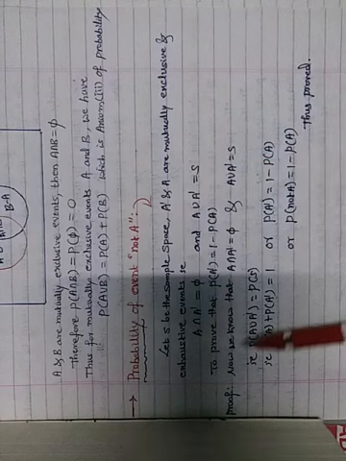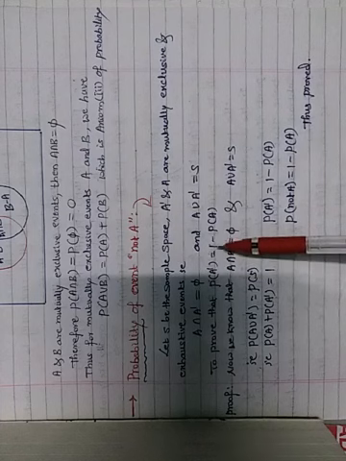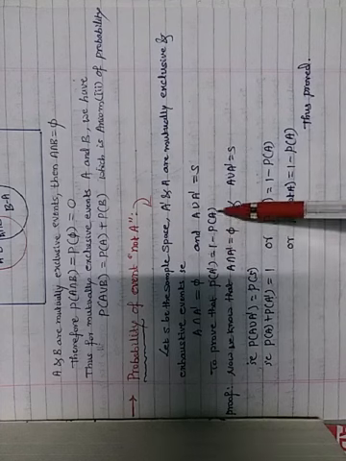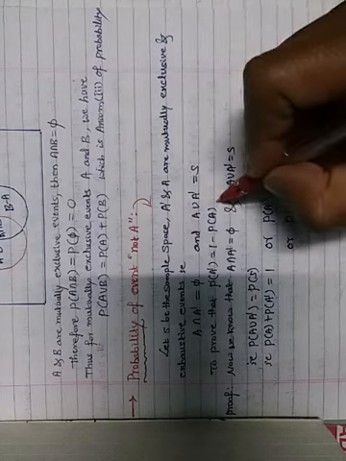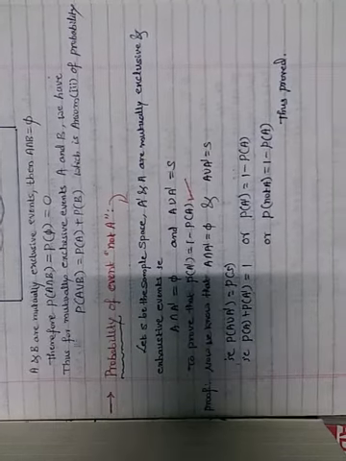What should we prove? To prove that probability of A dash is equal to 1 minus probability of A. Very, very important concept for 2 marks. Proof.